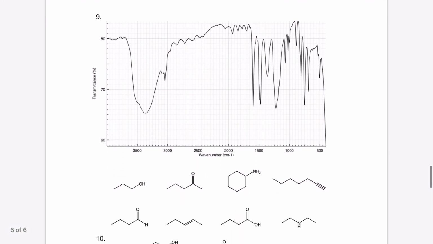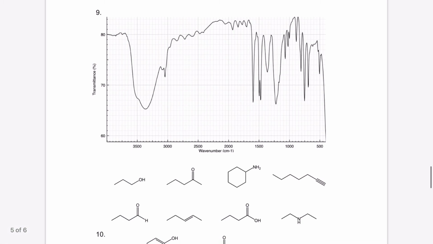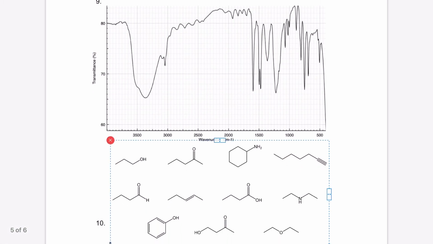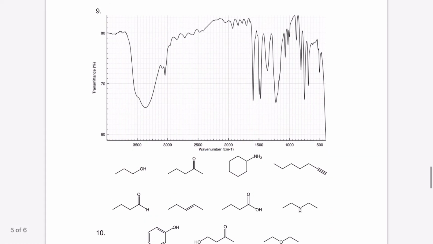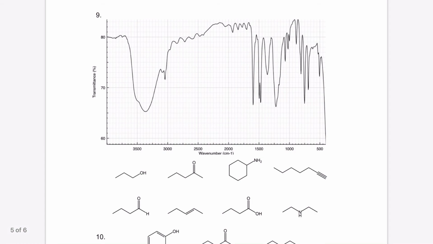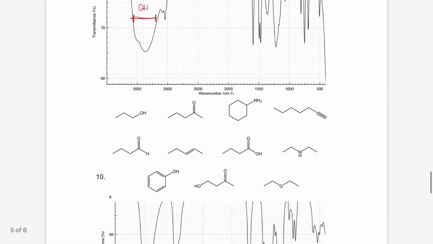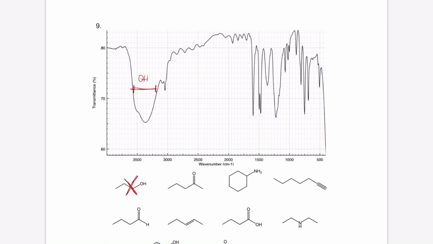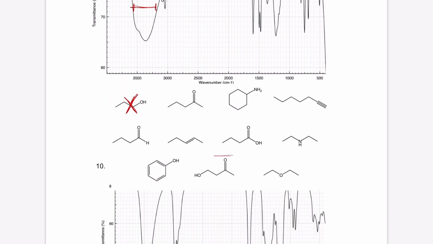Moving on to question 9. So the first thing that really sticks out is we do have a broad band over here. So this is going to be an OH group. We've already used our propanol. So that leaves us with our aromatic containing compound and then our ketone and alcohol.